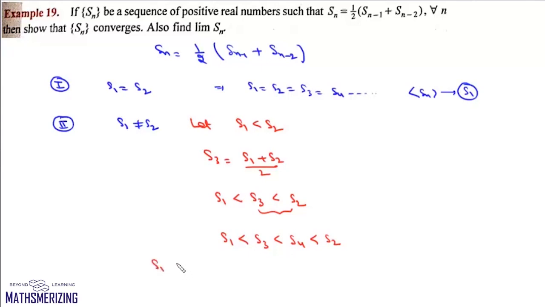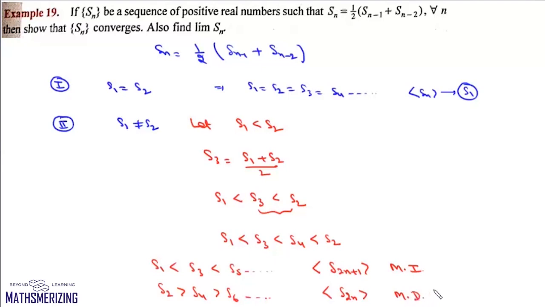Subsequence of odd terms where S1 is less than S3, is less than S5, and this second subsequence where S2 is greater than S4, is greater than S6. So this first subsequence is S_{2n+1}, and this second subsequence is S_{2n}. Now this first sequence is a monotonic increasing sequence, and the second sequence is a monotonic decreasing sequence.